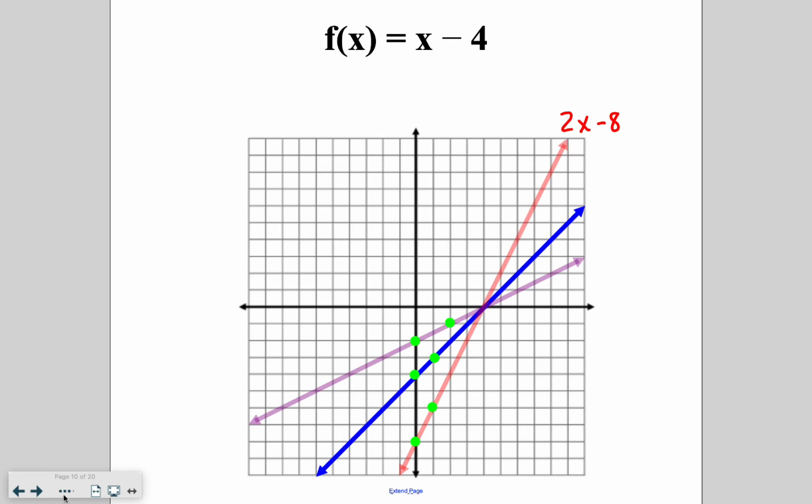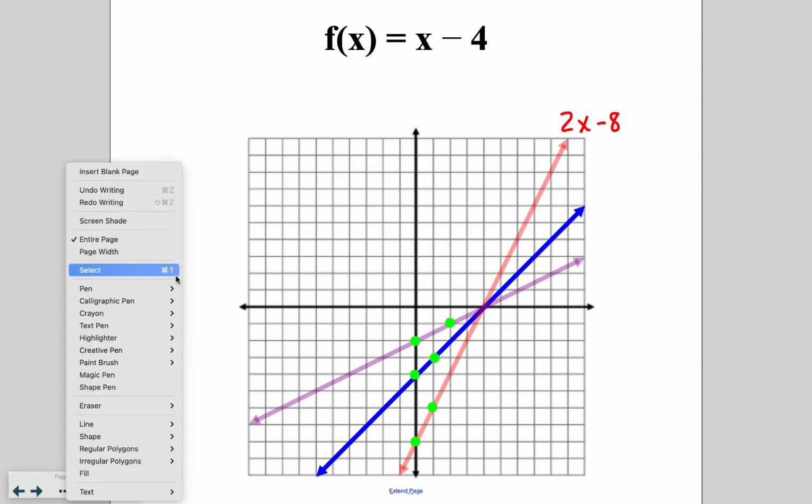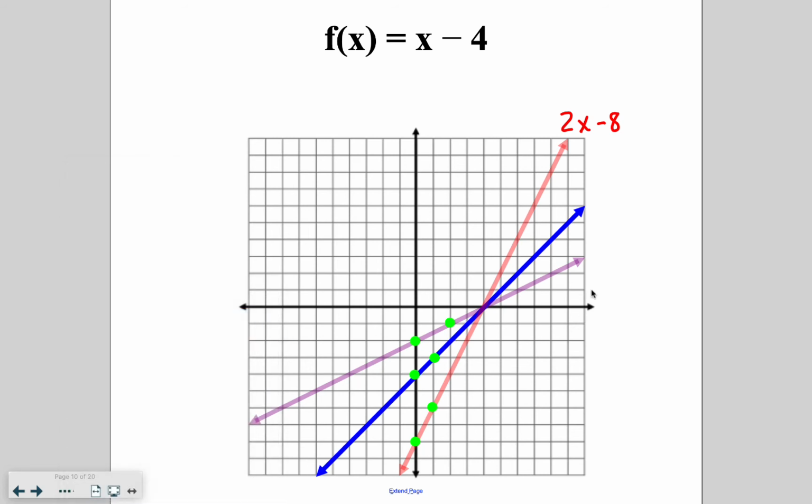When I am looking at the compression then, that's this purple line down here, and that's going to be when I multiplied by a half, so half x minus 2. Notice my vertical compression is flatter than the original blue line. So when I'm doing a vertical stretch, I'm making it steeper.